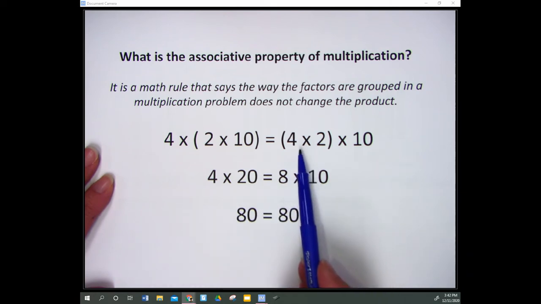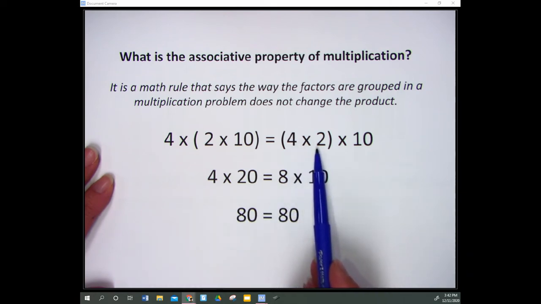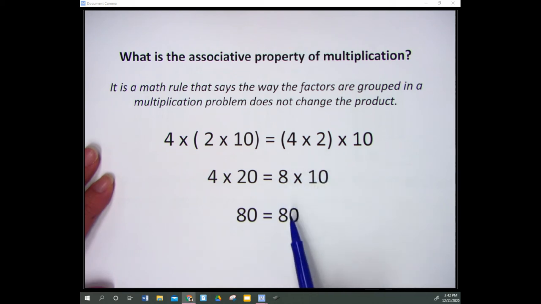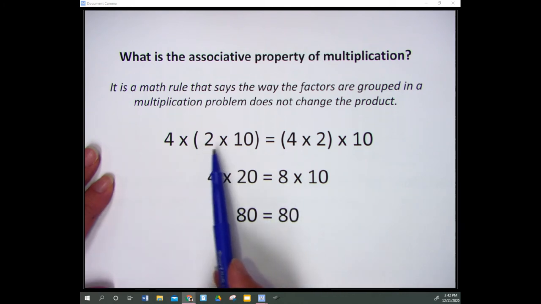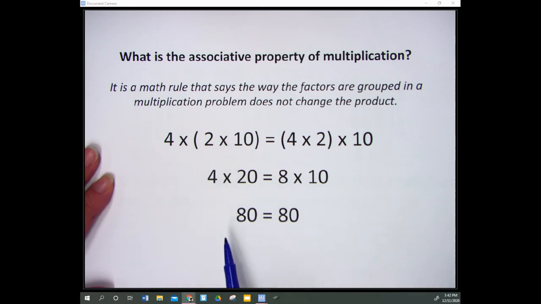Or I could multiply the 4 times 2 first. That would be 8. And then multiply that by 10. You see, it's still the same product, 80. So it does not matter which way I group the factors. I'm still going to get the same product.